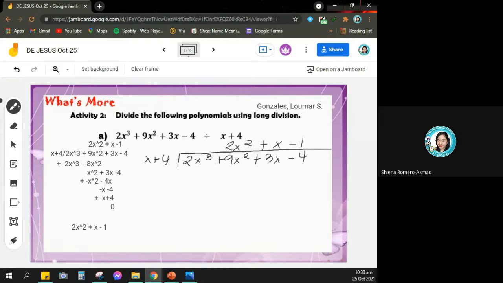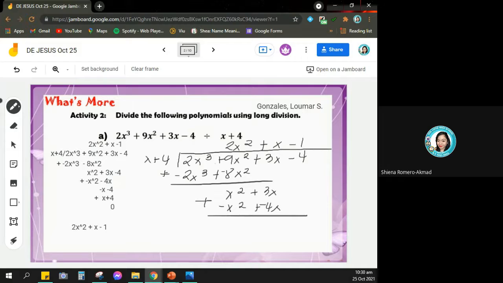So, pag dinivide mo to, correct, multiply natin, that's 2x cubed plus 8x squared. Tama? Change the sign. Proceed to addition. This is x squared plus 3x. Dinivide niya, so maging x, tama? X squared plus 4x. Change the sign. Proceed to addition.